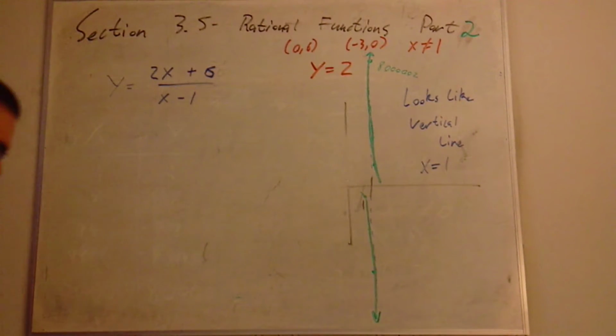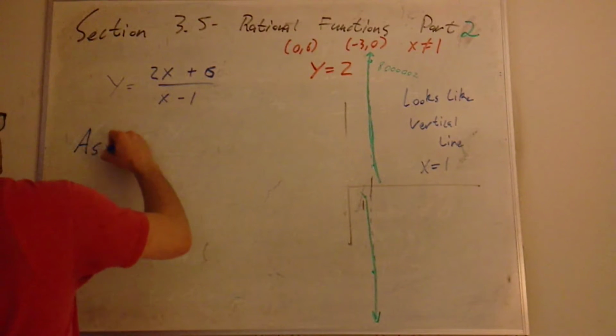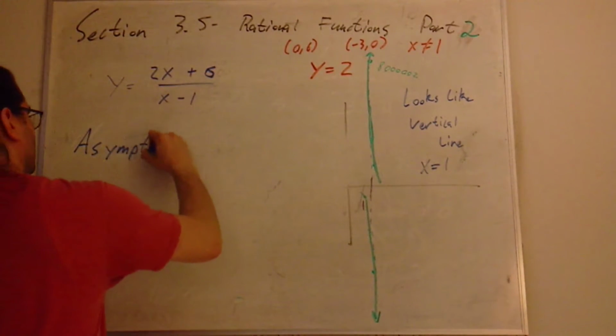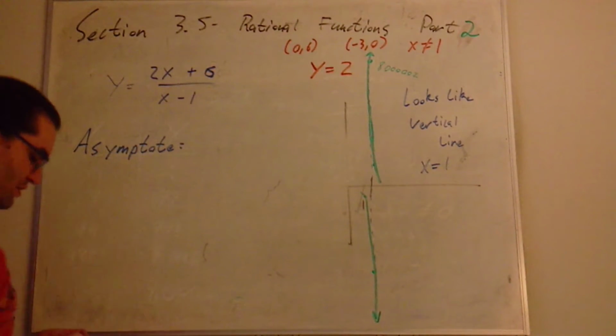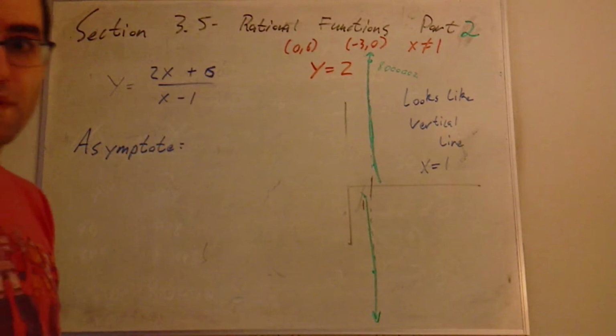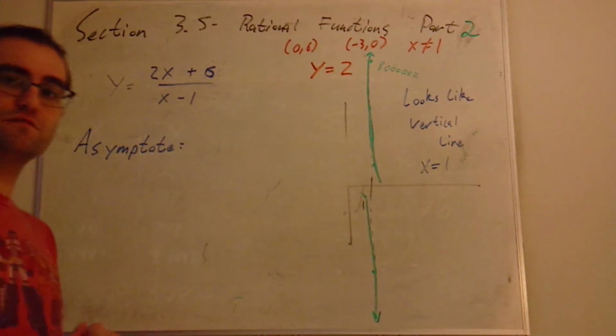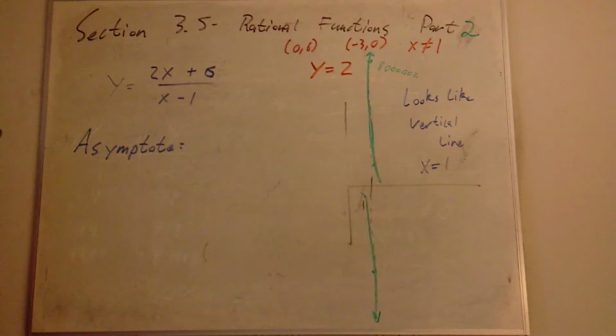The word for this is asymptote. Asymptote is one of my favorite math words, partially because it is one of the most misunderstood math words. Asymptotes feel complicated, they're not that bad.